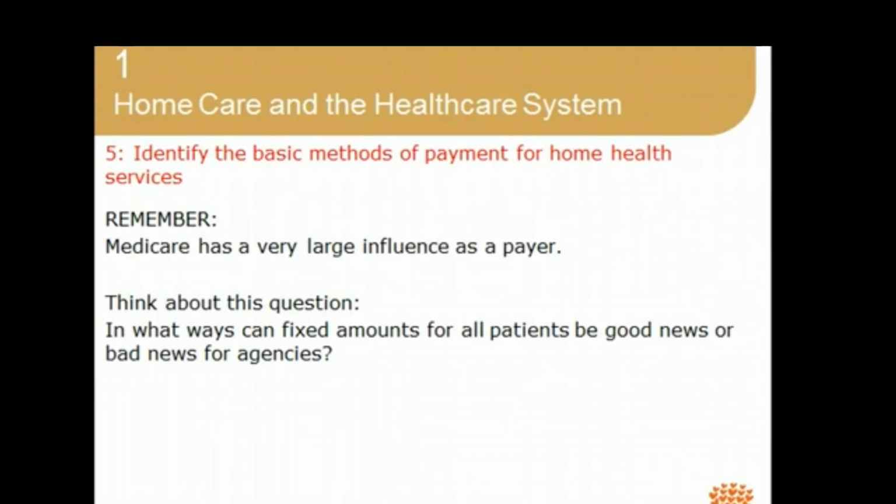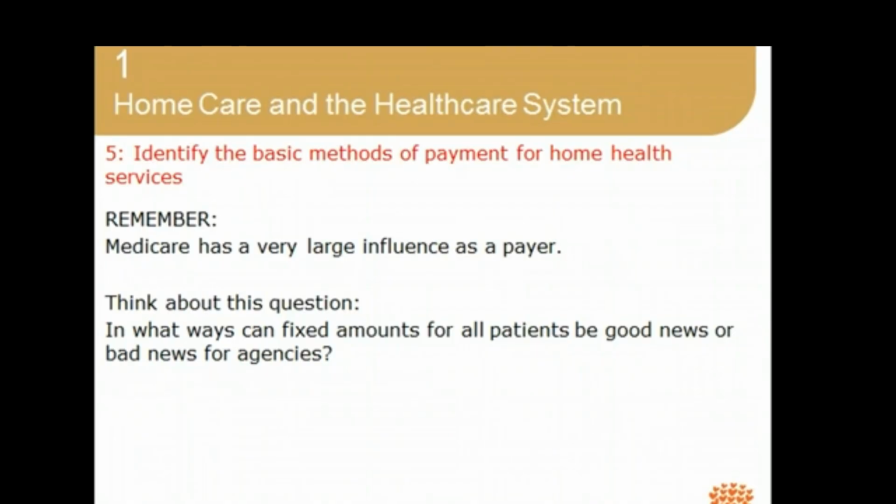And one thing I wanted you to pull out from all of this, and I know I've talked for about 10 minutes now, is to think about payment. It's a hot topic in our country today. There's a lot of issues around health reform, but when you think about Medicare being a very large influence as a payer, what are some of the things that can happen if Medicare says, we're only going to pay this amount for this type of service?